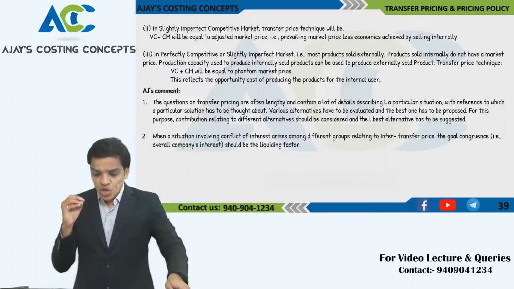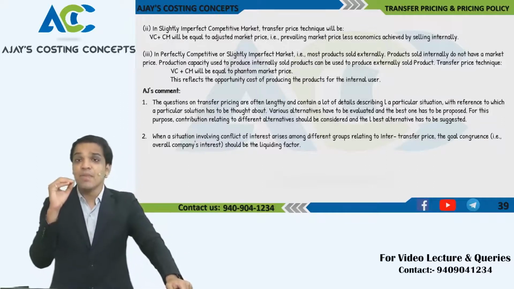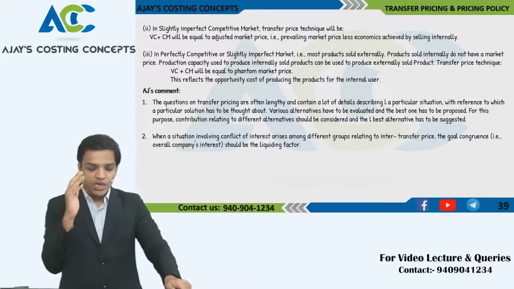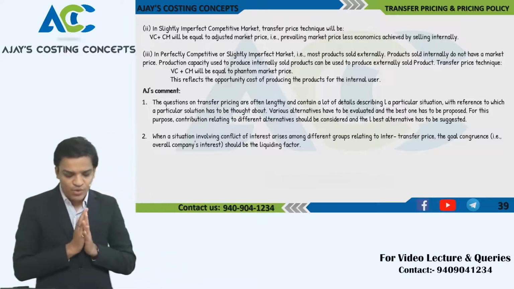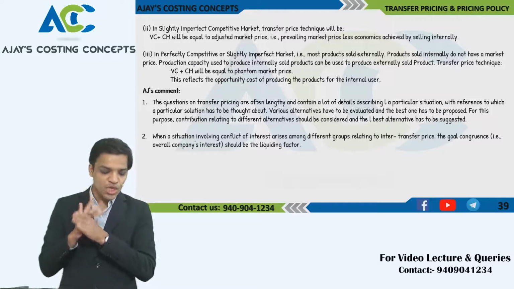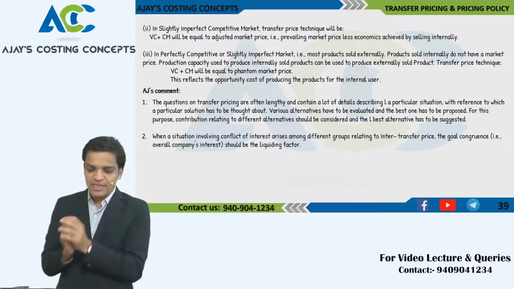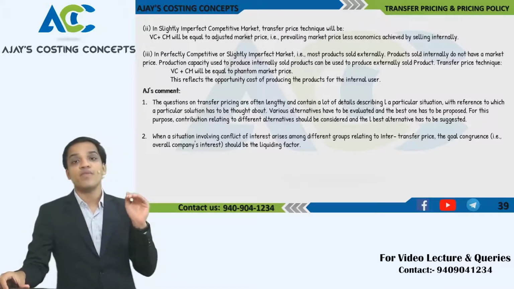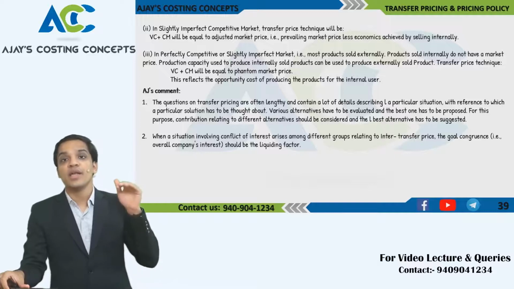So when you're reading this, understand the particular situation with reference to which a particular solution has to be thought about. Various alternatives have to be evaluated and the best one is to be proposed. For this purpose, contribution related to different alternatives should be considered and the best alternative has to be suggested.